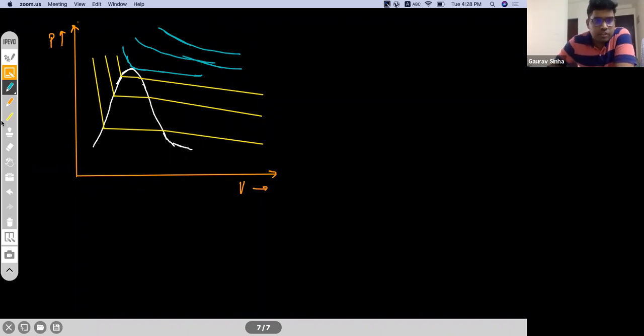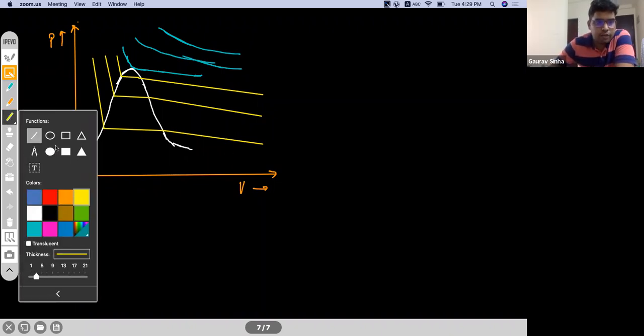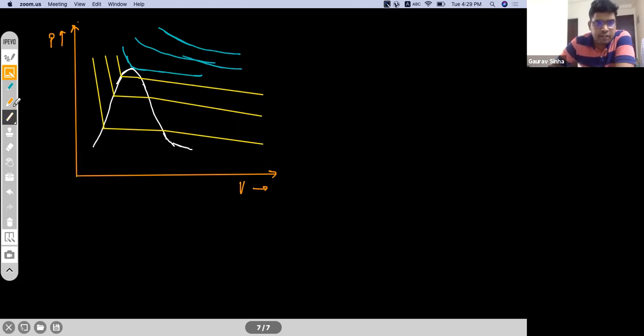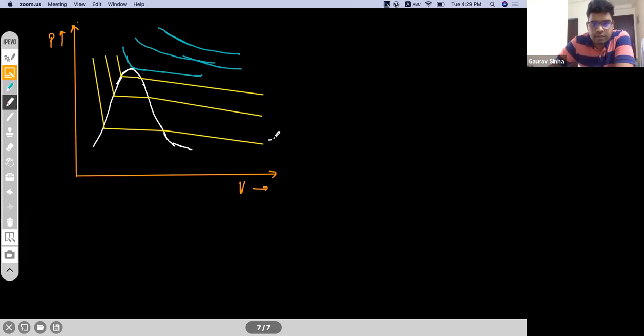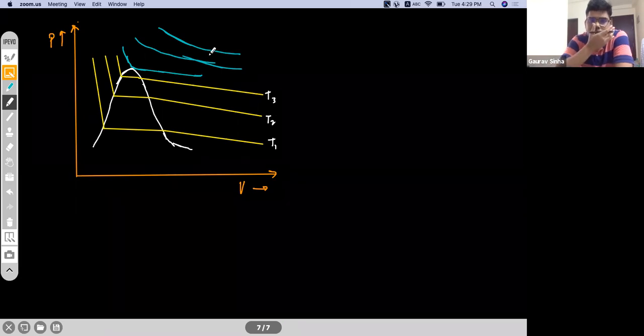Okay, so this is the graph we have for liquefaction of gas, and these are at different temperatures. This is the temperature T1, this is the temperature T2, at T3, and so on.